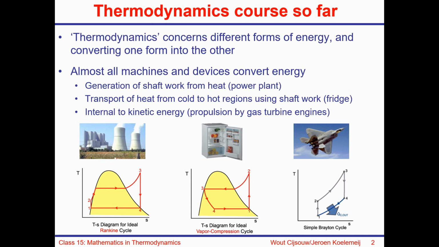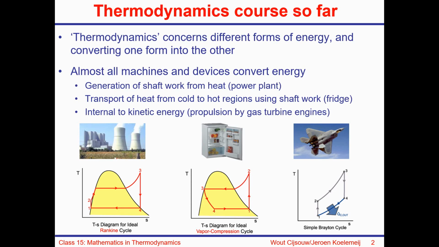Now let's start with a one-slide recap of the thermodynamics course so far. Thermodynamics in itself describes different forms of energy and how you can convert one form of energy into the other. And this is a principle that underlies basically any machine or device that we work with or rely on.